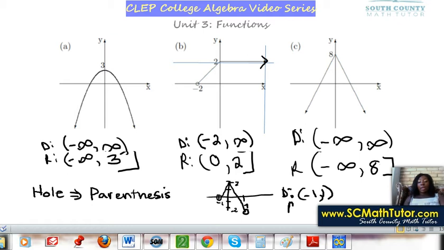The range, going from bottom to top, the first thing you hit is this hole at negative 2, and then you go all the way to the top, and you see that the 2 is not a hole, so that is a bracket.